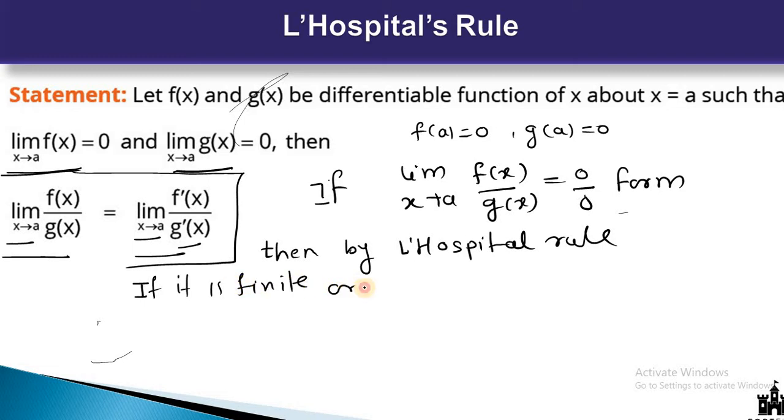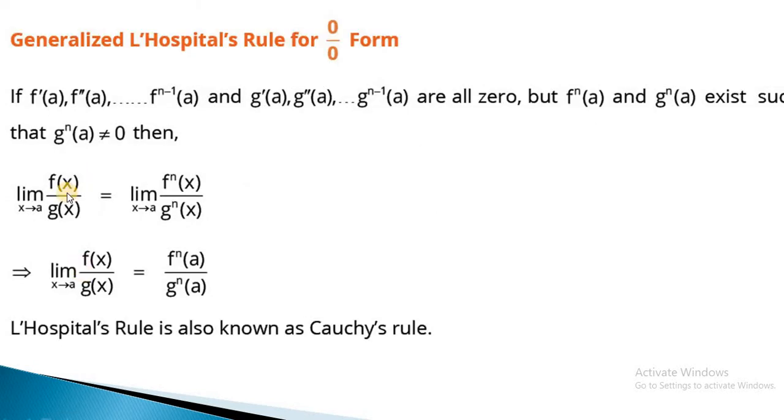If it is again a 0 by 0 or indeterminate form, then we apply L'Hospital rule again, till we get a finite limit. So the limit of f of x upon g of x as x tends to a is the limit of f dash of x upon g dash of x, and if it is again 0 by 0, we continue differentiating numerator and denominator and finding the limit till we get a finite limit.